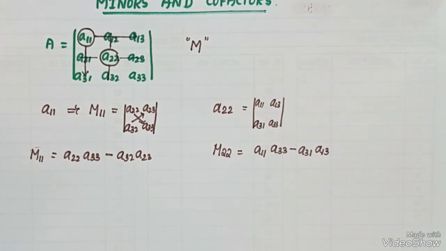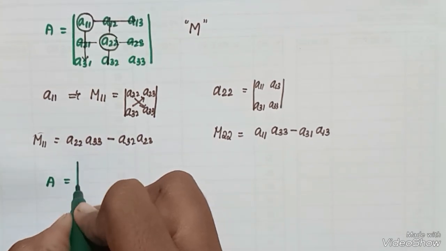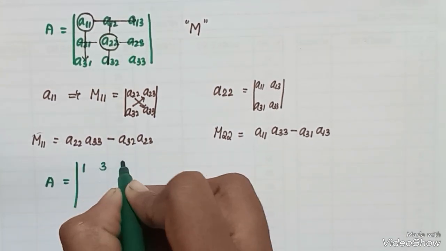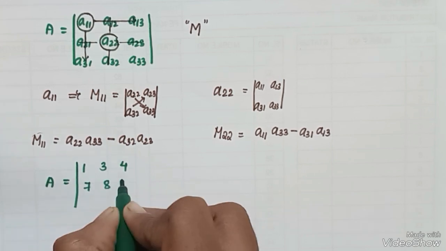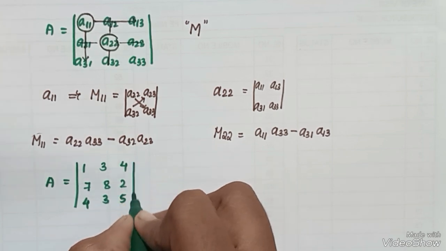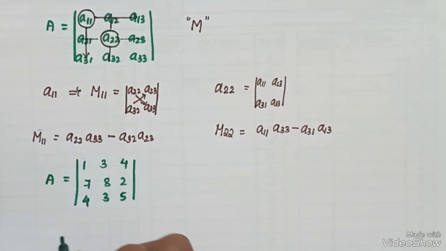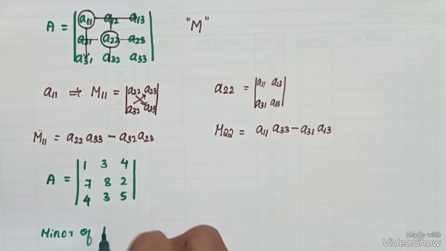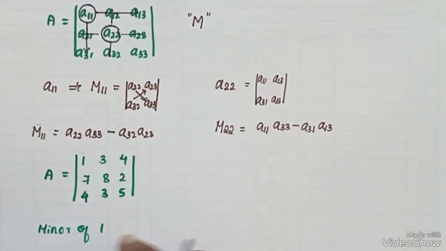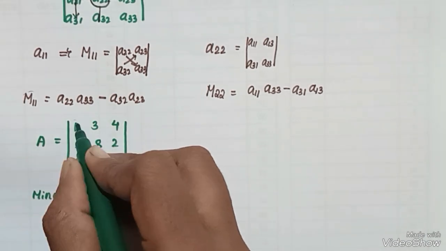Here I consider one example, the determinant of A containing the elements 1 3 4, 7 8 2 and 4 3 5. I want the minor of the element 1. The element 1 lies in the first row, first column.